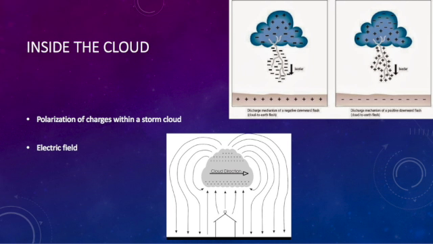In this image, we can see that there's an arrow in both situations pointing downwards, and it's called the leader. The leader, or also called first stroke, creates a path between the negative cloud charge region and the ground.